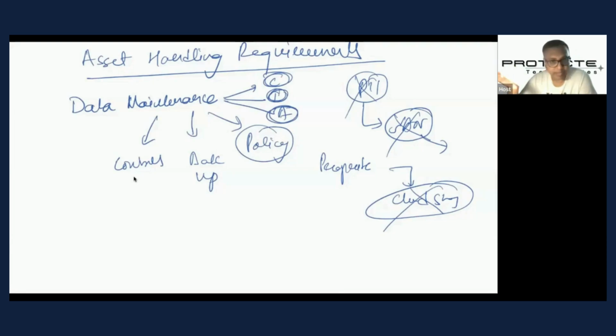So a good organization will have a good data management policy depending upon the systems which it has in place. Okay. Now, the first thing that we know is data should be prevented against losses. Now the first way in which you can prevent data loss is by implementing something called data loss prevention systems. So what are data loss prevention systems?